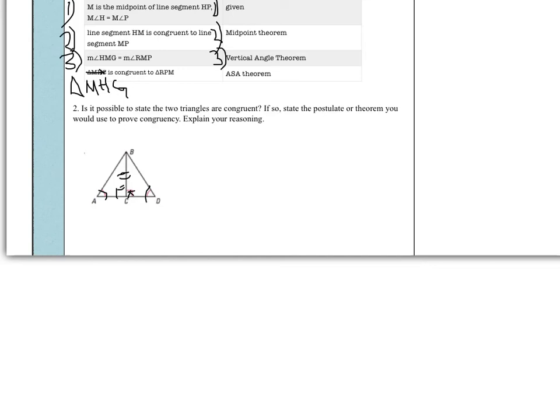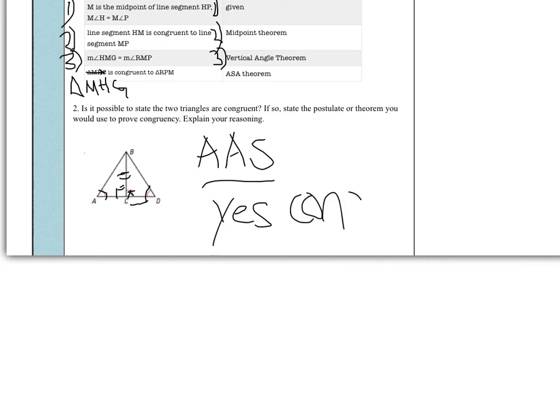And because it's not an included side, I know that it's the angle side theorem. Angle, side. Because it's not here. If it was here, it would be the angle side angle. But it's actually angle side. And because of that, I know, yes, congruent. Okay?